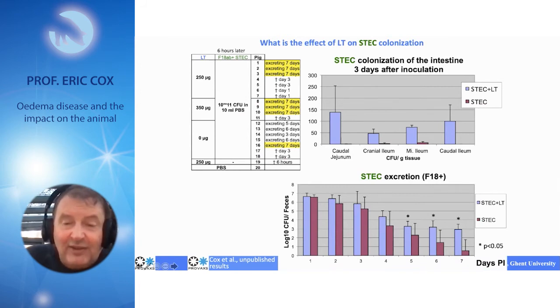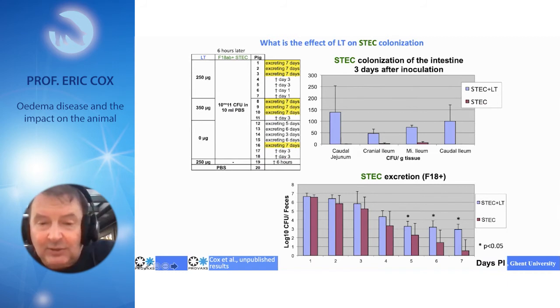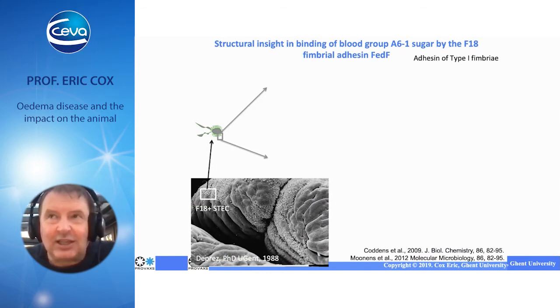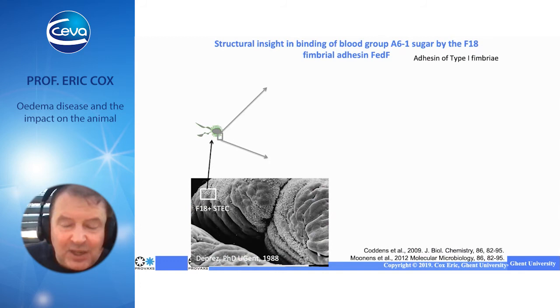From 5 days after infection, the ones that have been treated with LT excrete significantly higher quantities of the bacteria. So removing or diluting the mucus layer makes the piglets more susceptible to an F18 infection, and that explains why this intimate adhesion is playing an important role in colonization.